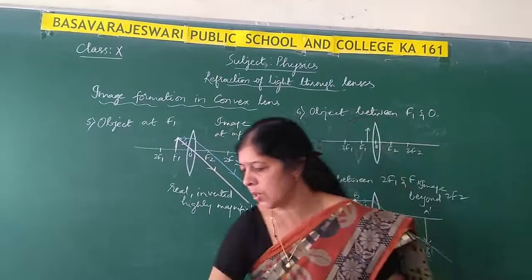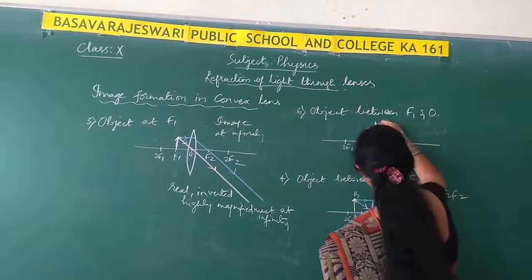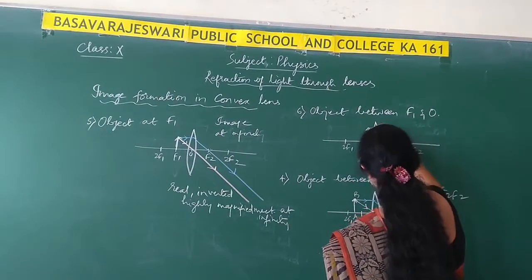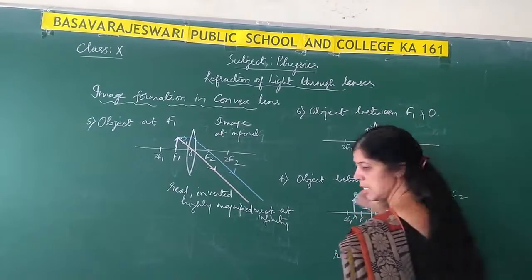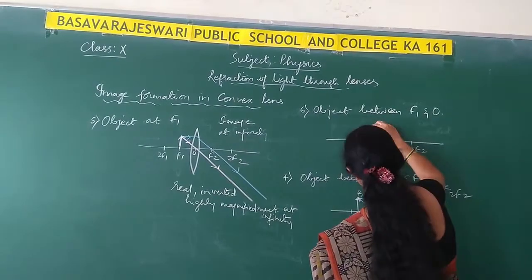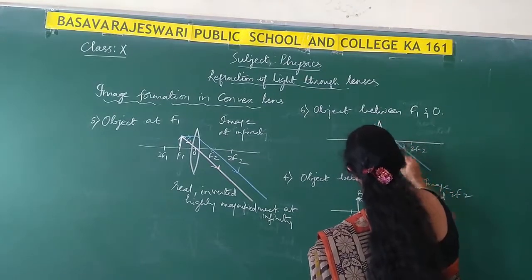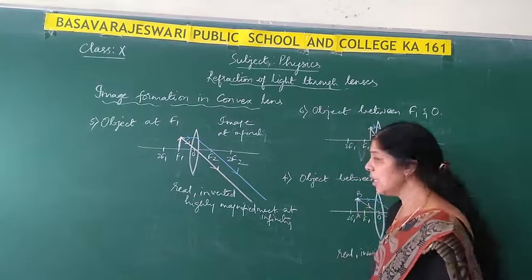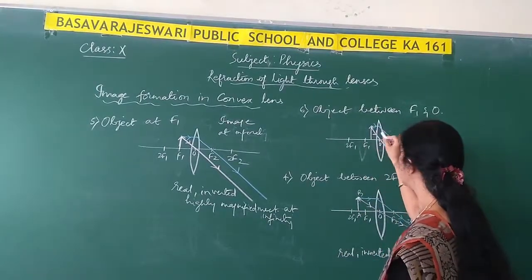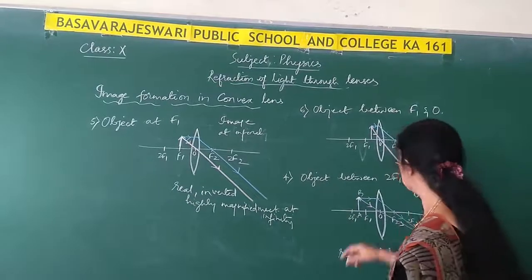Now two rays you have to consider. See here, one ray which is parallel to the principal axis, after refraction, it must pass through the principal focus. Another ray, how do we have to consider, passing through the optic center of the lens. Now, here you can observe that these two rays after refraction are getting diverged, is it not?